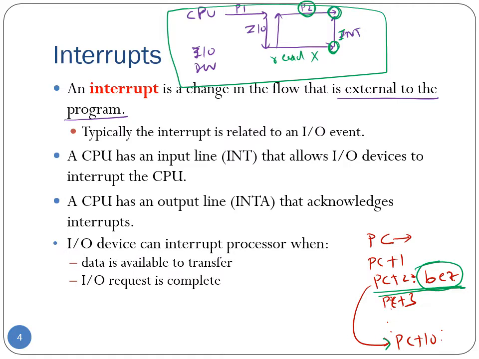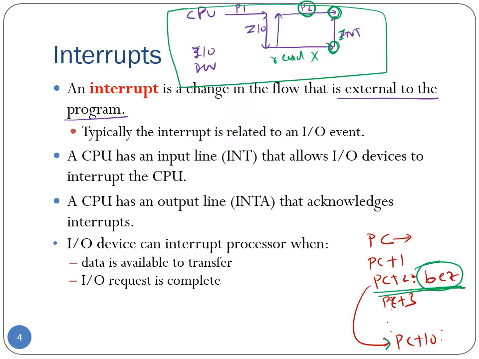When this interrupt is received, in response to this interrupt, P2 would be suspended and the CPU would start executing some interrupt handler. Now this change in the execution of P2 did not occur because of an instruction that P2 itself executed. This change has happened because of an external event.